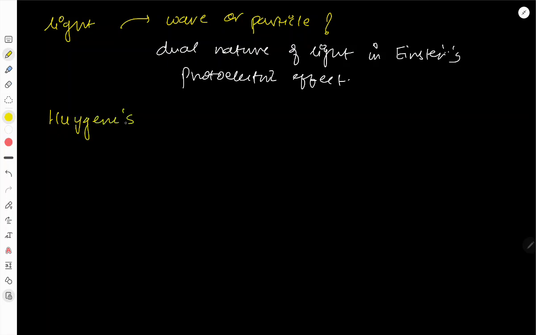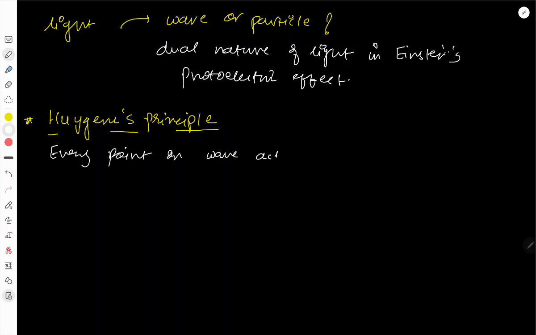Huygens' principle. So what does Huygens' principle state? Every point on a wave acts as a secondary source of disturbance.